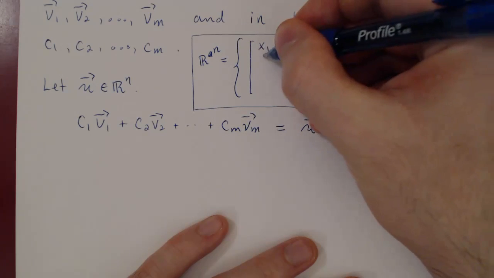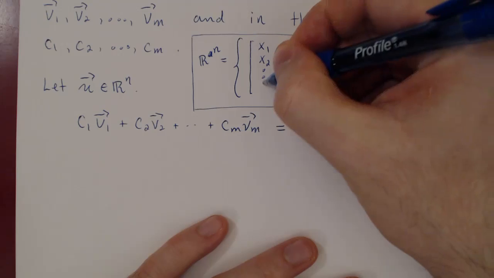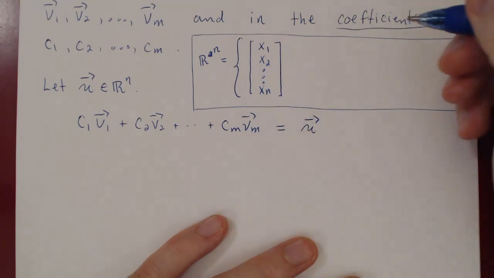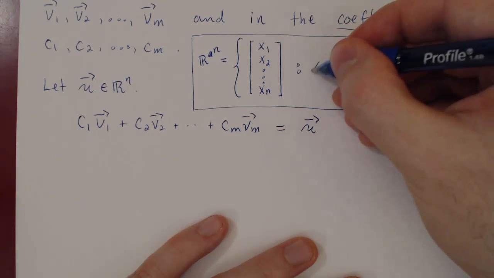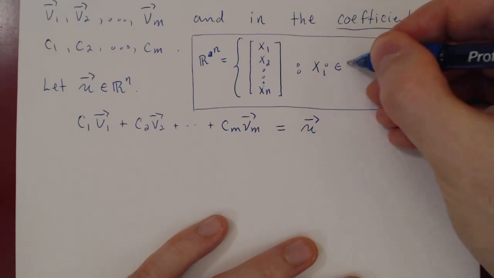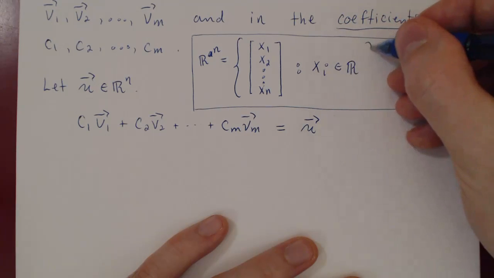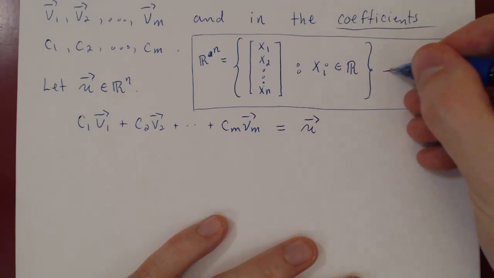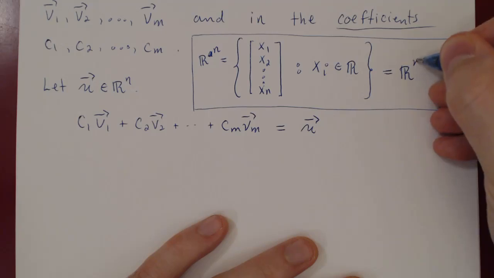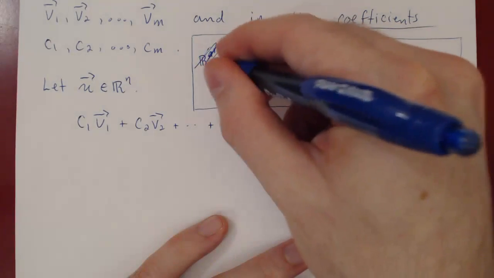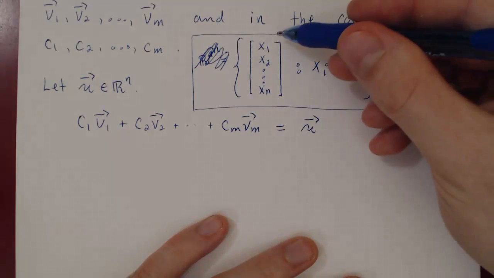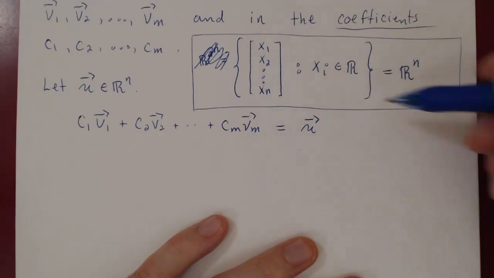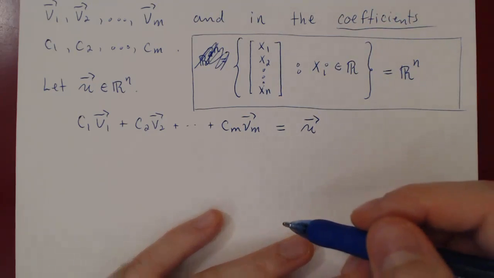So x1, x2 up to the nth component of our column matrix, where again the xi's are any real numbers. That's what Rn is: the set of all column matrices of length n, with n components, x1, x2 through xn.